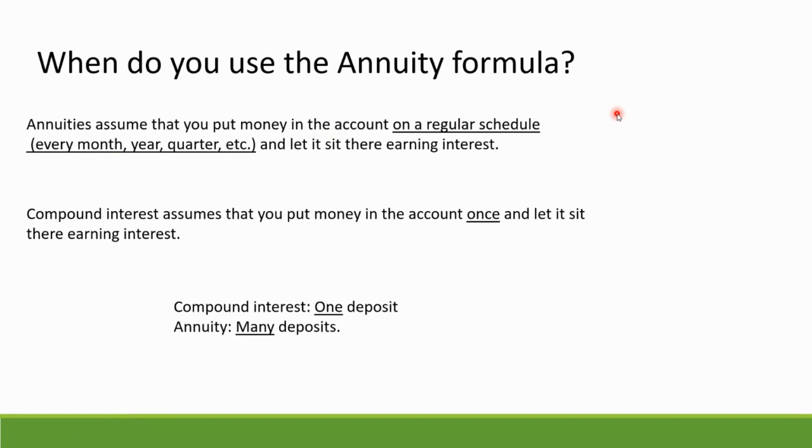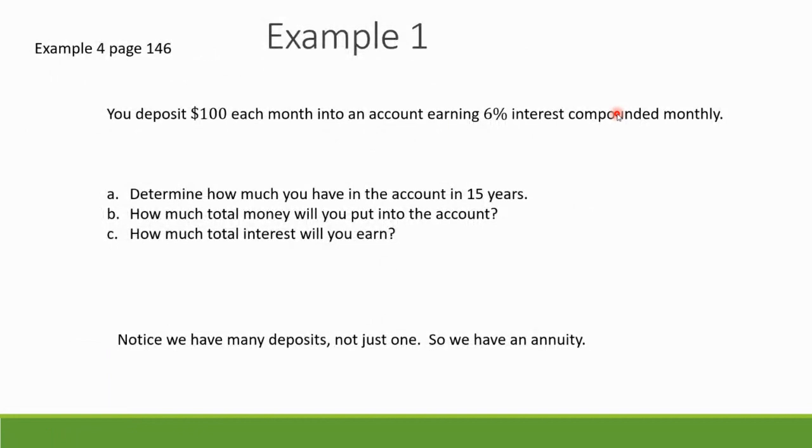This is in the notes, so I'm not going to go through this slide that thoroughly. But let's say we have this example, okay? Let's say that, through a bank or investment or whatever, or even a retirement account, well, we'll get to that. Let's say we're depositing $100 each month into a bank account, and the account is earning 6% interest compounded monthly.